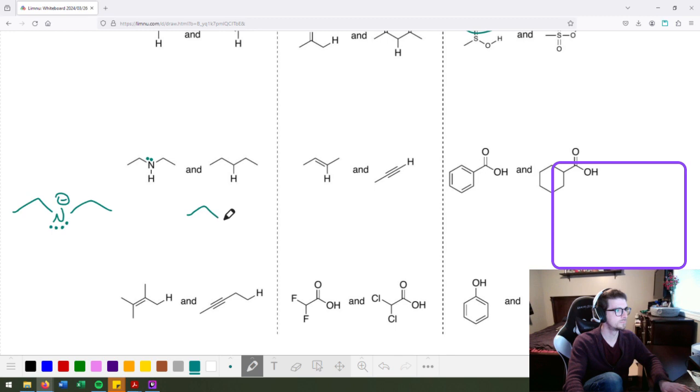Versus, we actually don't need to draw anything there because that's just a carbon, and now it's a carbon with a lone pair. And spoiler alert, we don't love that.